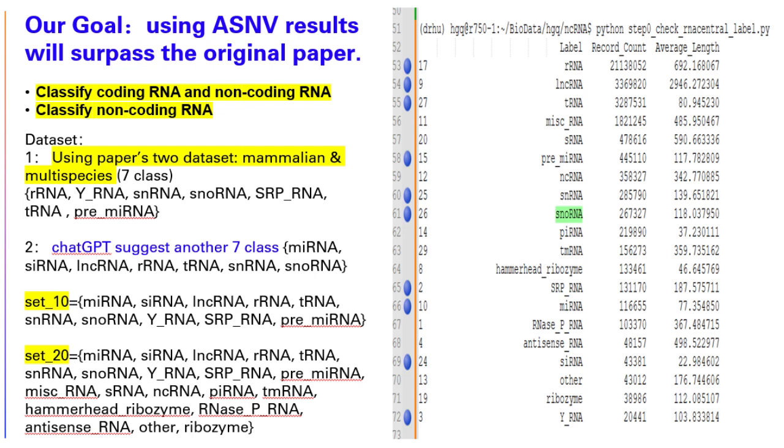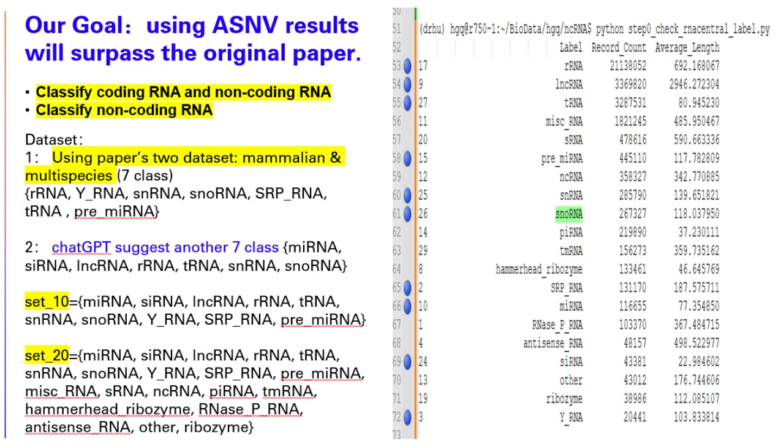And also, we do the same thing as that paper, non-coding RNA. Now, the data set, we use the original papers. They have 2 data sets. They have the 7 classes. And we can do more. If we use ChatGPT, we suggested another 7 classes.